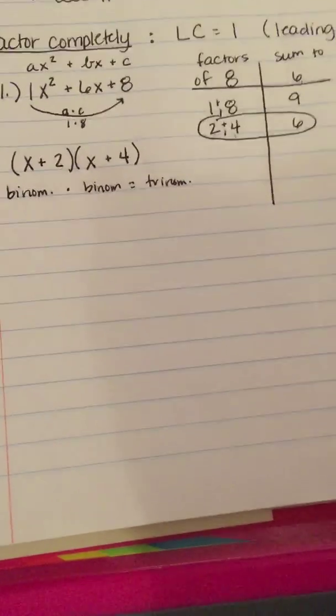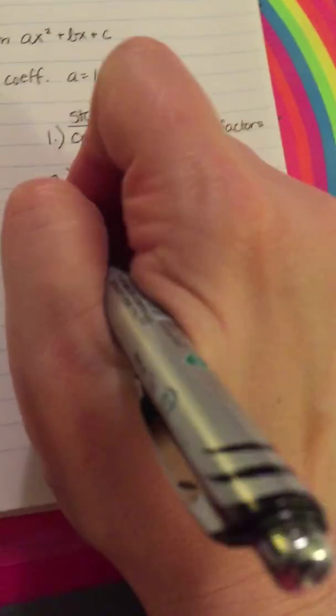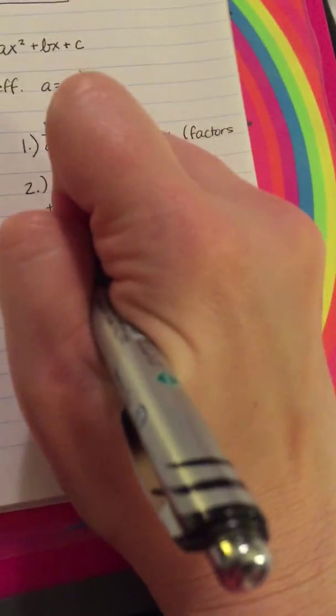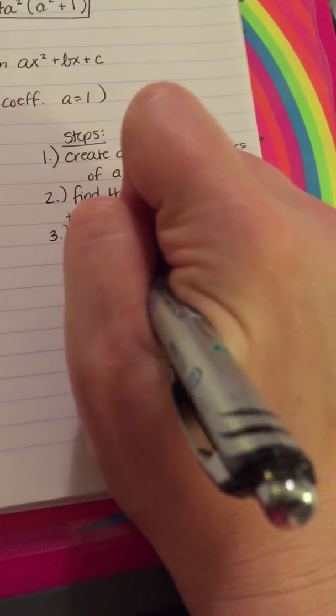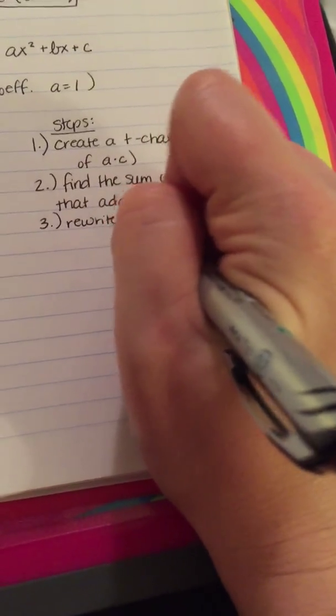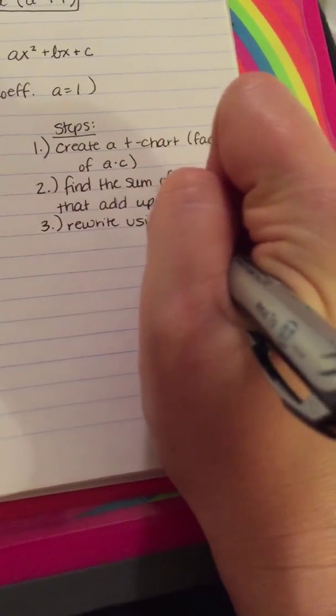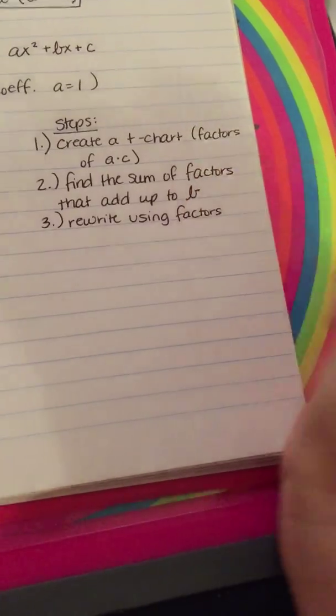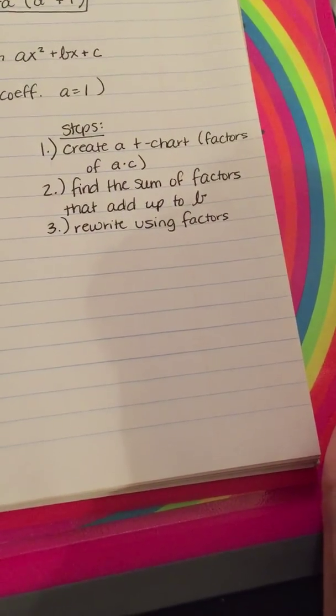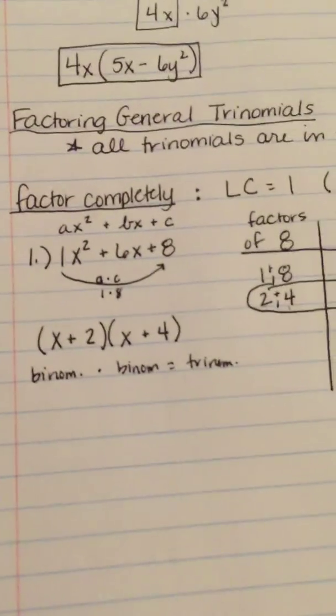Okay? So now I've got to see if I'm right. In step 3, I rewrote my problem using my factors. That's where I got that x plus 2 and x plus 4 from.